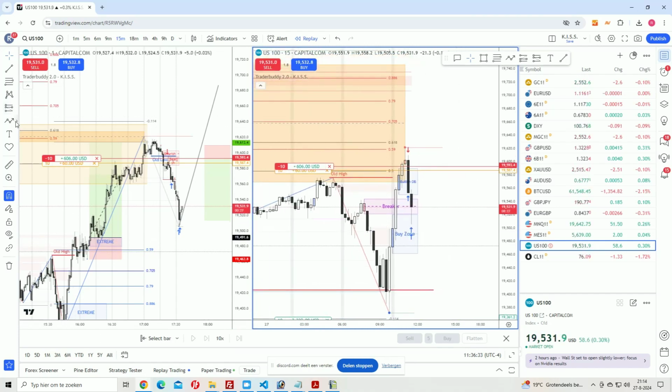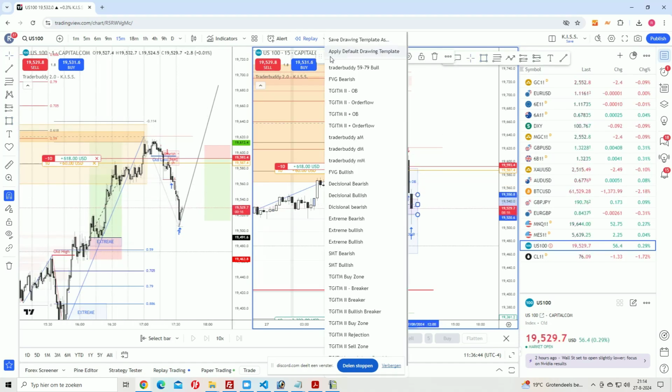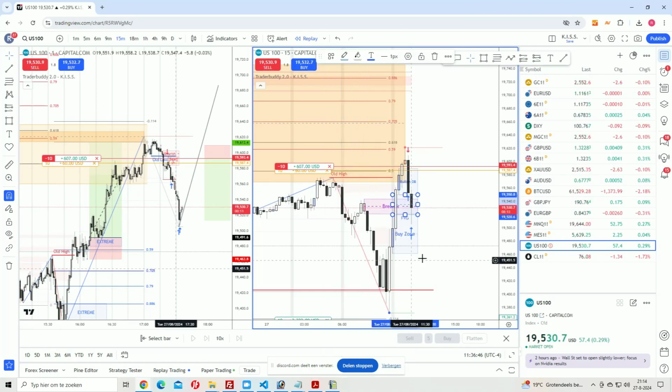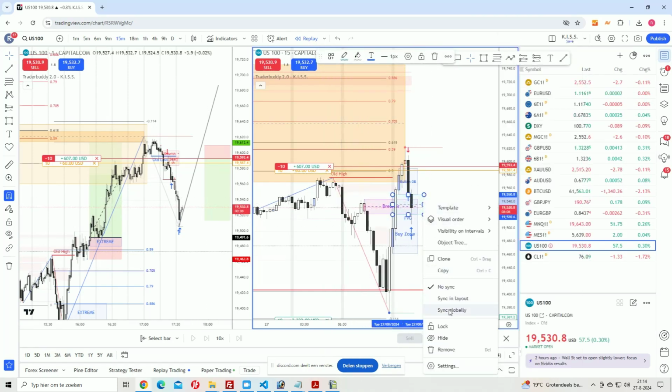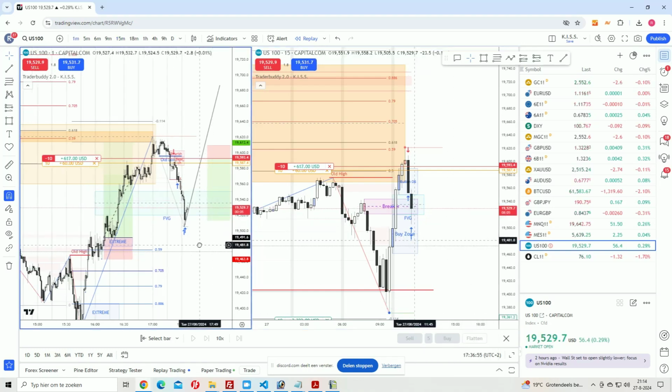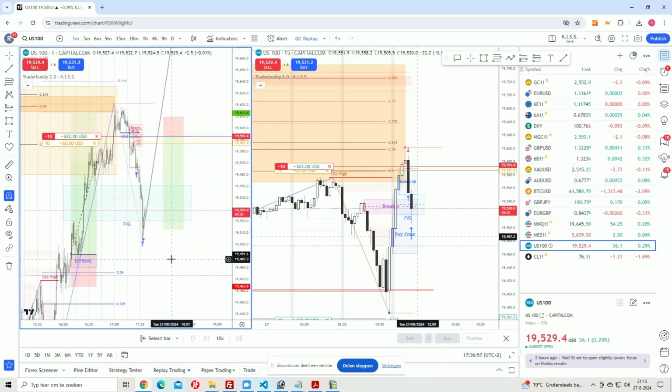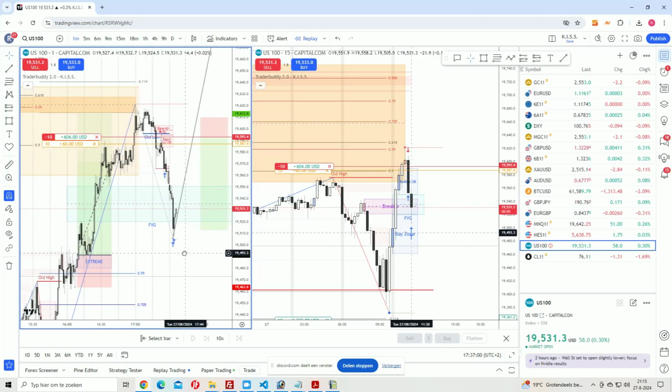So if you mark off the 50% of the fair value gap now, then this should be a level where price should stop and retrace to the other side. Bullish fair value gap. Now if we take this and put it on the other time frame, then we should monitor this fair value gap, because this is the 15-minute fair value gap.